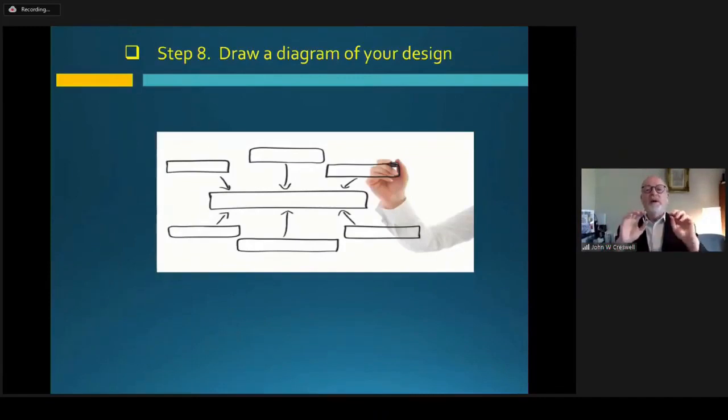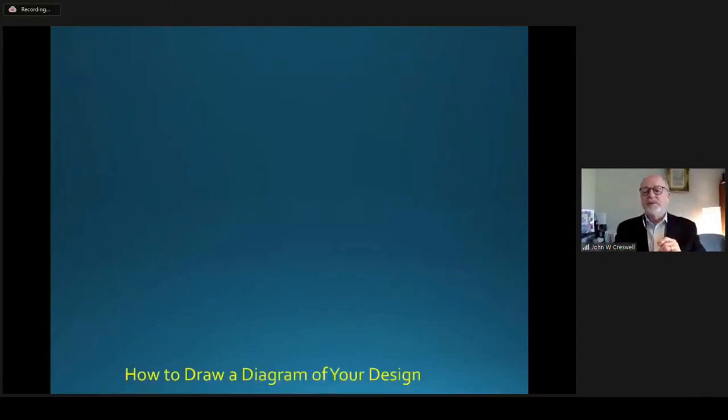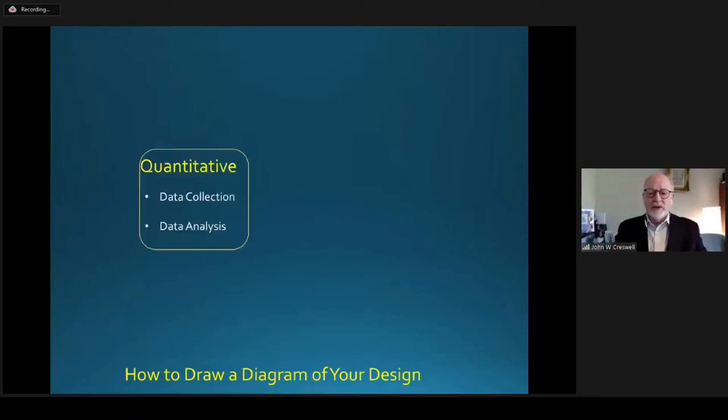So at that point, we started thinking about, well, how do we design the procedures for mixed methods research? So if you have one of the core designs, remember there were three basic types: convergent, explanatory sequential, exploratory sequential. Well, here's how I would help you draw a diagram of your design.